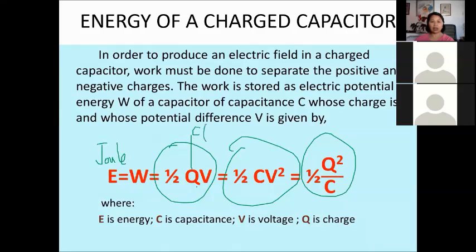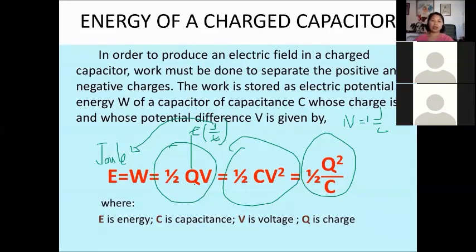I-multiply natin yan ng volt, where 1 volt is equivalent to 1 joule per coulomb. So when we multiply C or coulomb to joules per coulomb, makancel yung coulomb, that gives us J for unit ng energy or work.